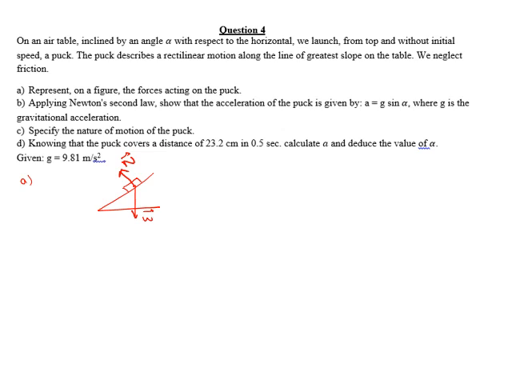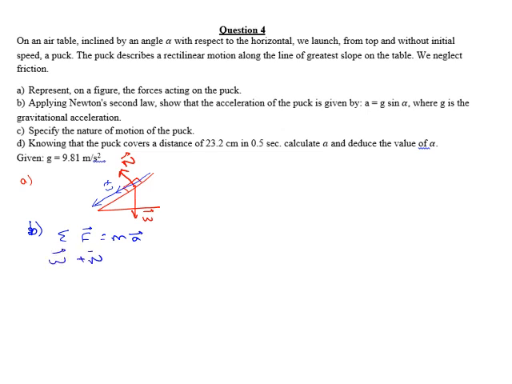And after projection along the positive direction, we have W becomes Wx. Okay, now number 2, or B. Apply Newton's second law. Show that the acceleration of the puck is given by a equals g sine alpha, where g is the gravitational acceleration. So the summation of forces equals ma.